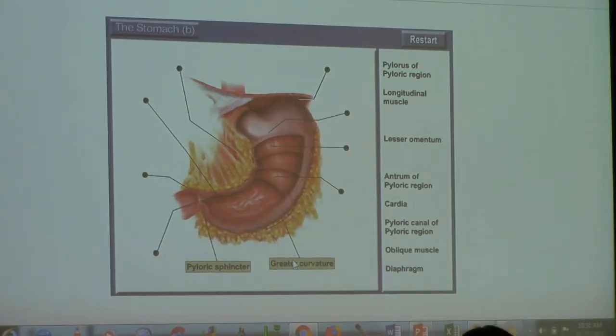This is the diaphragm, you know that from the previous section of the course. The diaphragm is that thin sheet of muscle that separates the lungs from the abdominal cavity. It's the muscle of respiration.